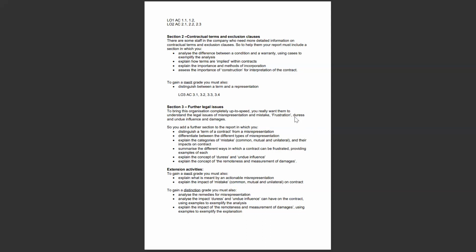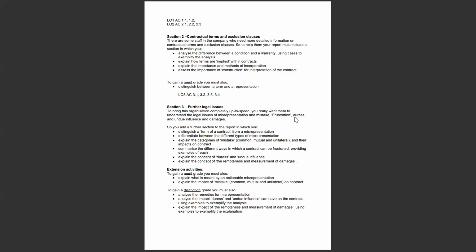To do the extension activities for section 3, to gain a merit, you must also explain what is meant by actionable misrepresentation. You need to look at explaining the impact of mistake, common, mutual, and unilateral on a contract. And to gain a distinction grade, you must also look at analysing the remedies for misrepresentation.